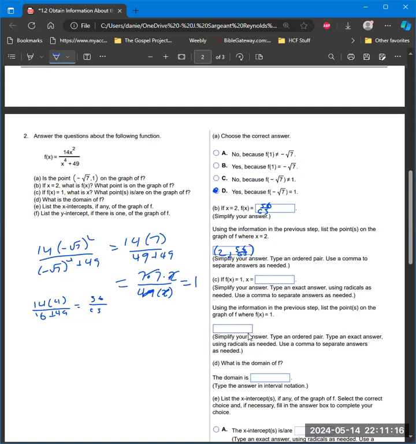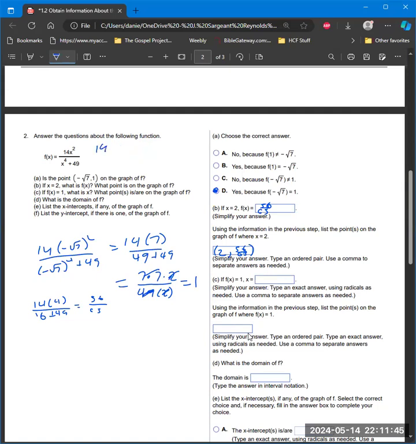If y is equal to 1, then we have 14 over 50, which is 7 over 25. Oh, no, that wasn't the x value, that was the y value.